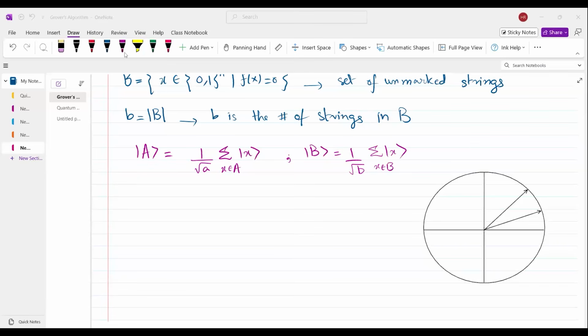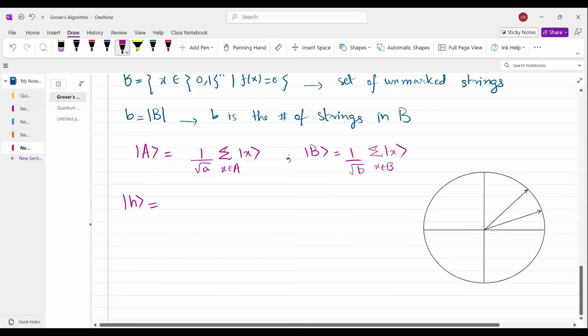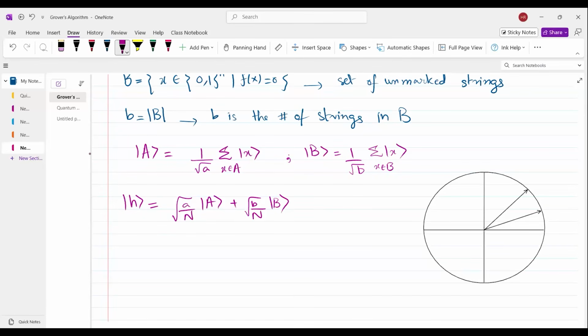So I will quickly discuss the idea behind the algorithm, and we will move on to the Q&A session afterwards. And so we have this state being defined in terms of A and B. The idea behind defining it this way is that it is very convenient when we represent them on a unit circle.